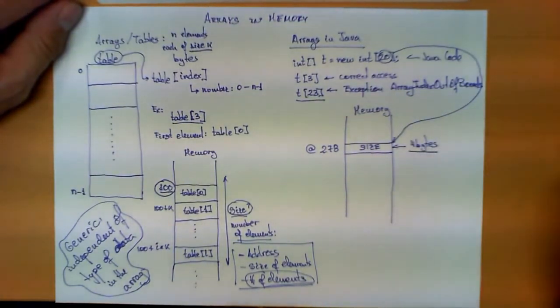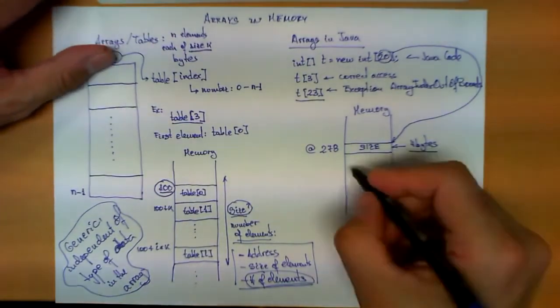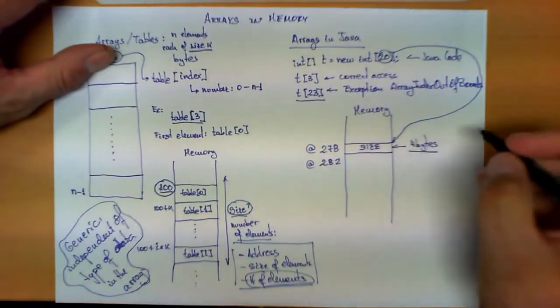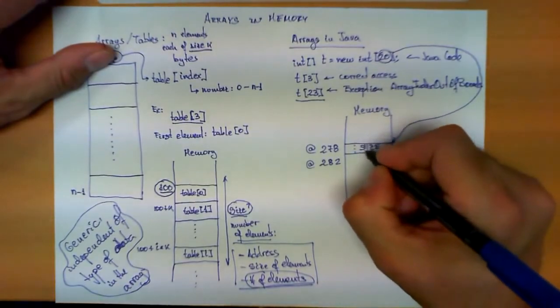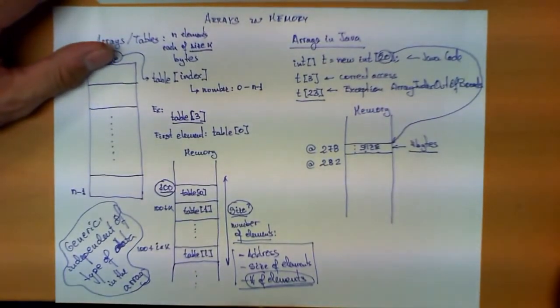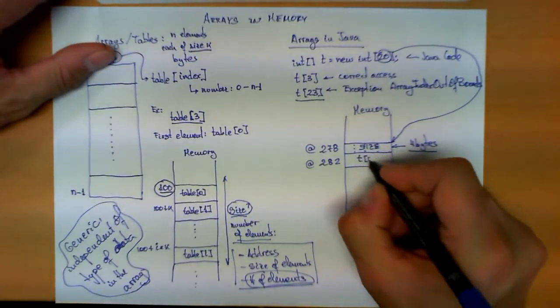And as we know, integers in Java occupy 4 bytes. Then after this, in other words, in the address 282, which is the address you obtain adding 4 bytes to this address, starting on 282, you would have the element t of 0.